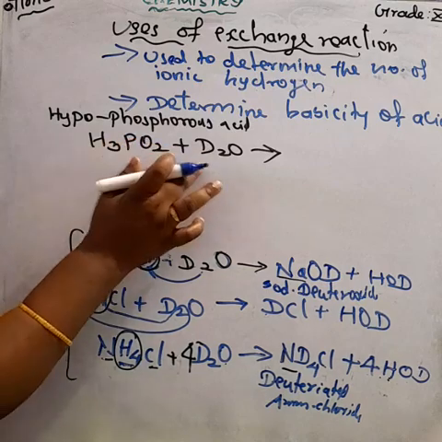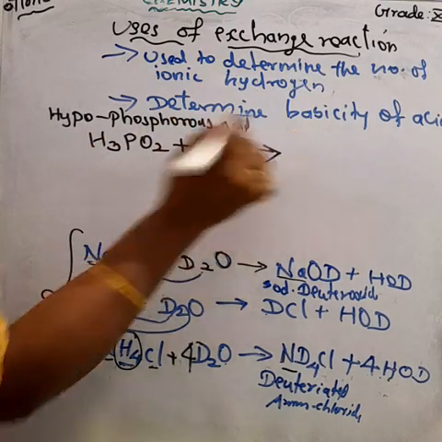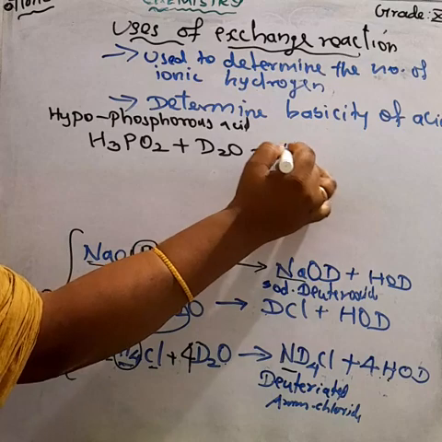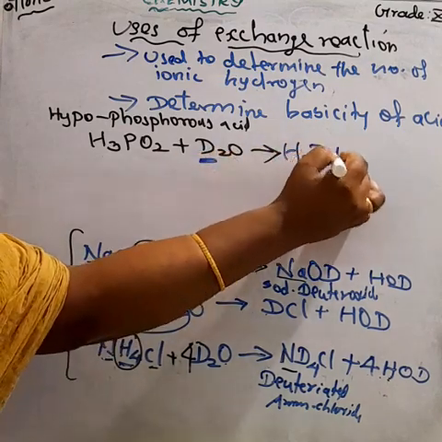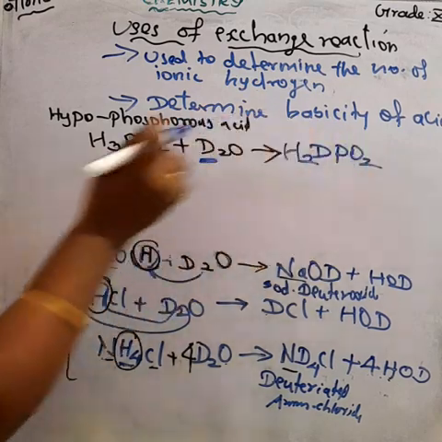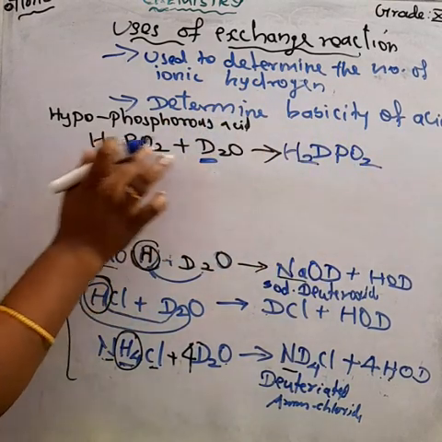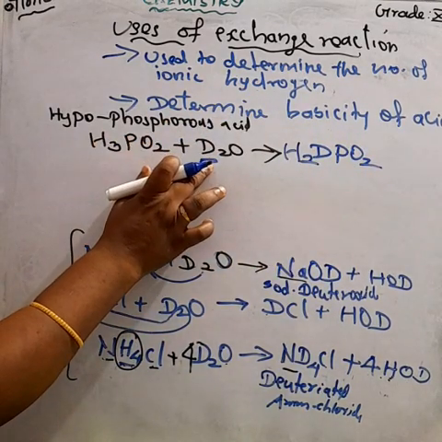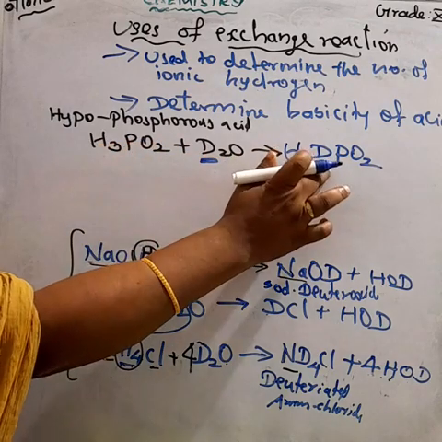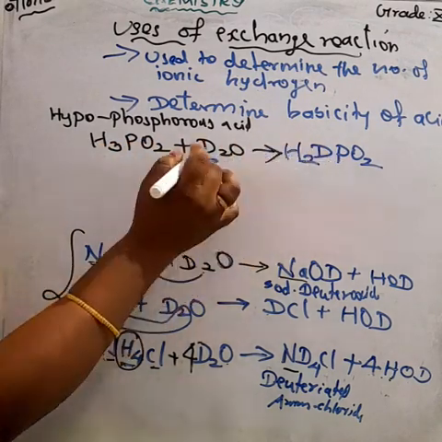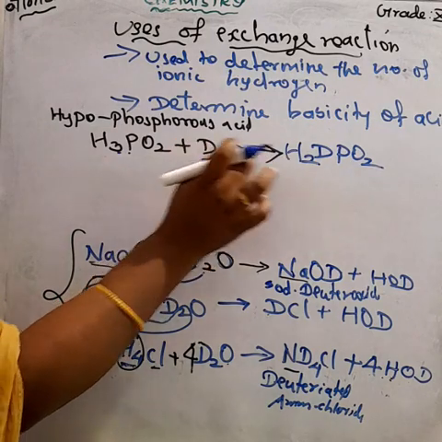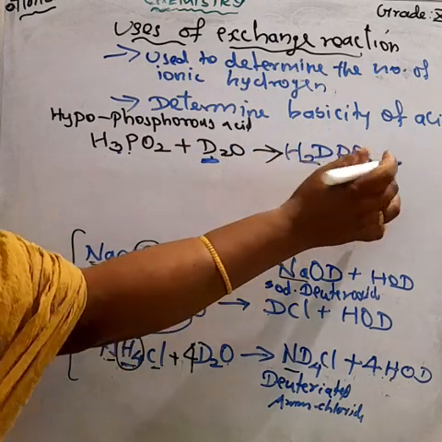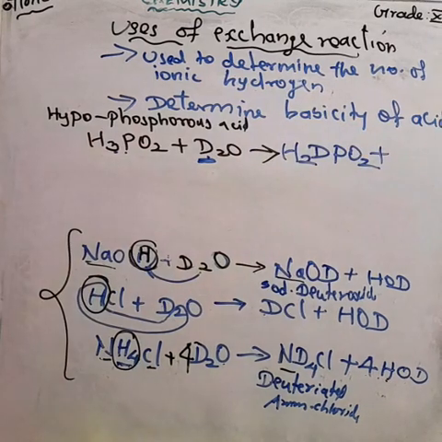So what is the product we get? H2DPO2. Only one hydrogen is replaced by deuterium. So what is the remaining product?